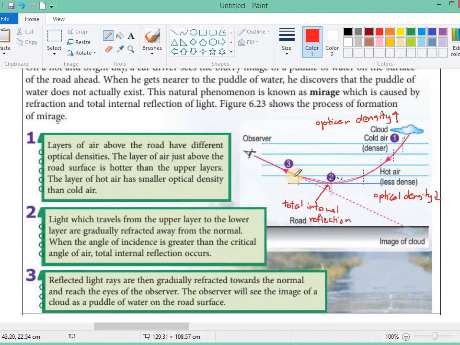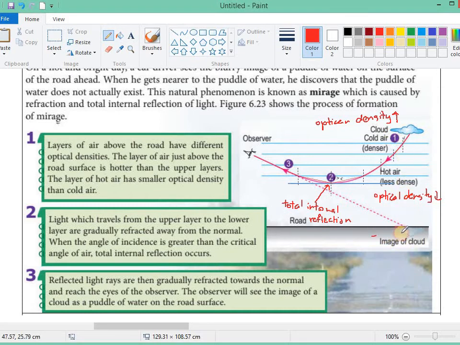When the light goes into our eye from this direction, from the point of view of the observer, it will look like the light comes from here. If it looks like the light comes from here, then you can see the cloud here.